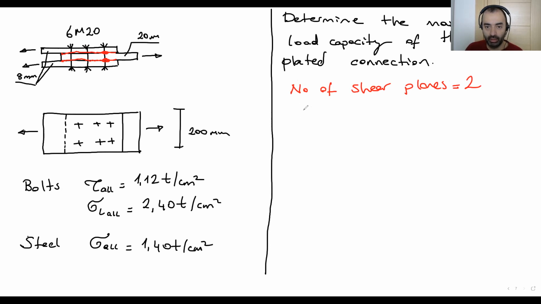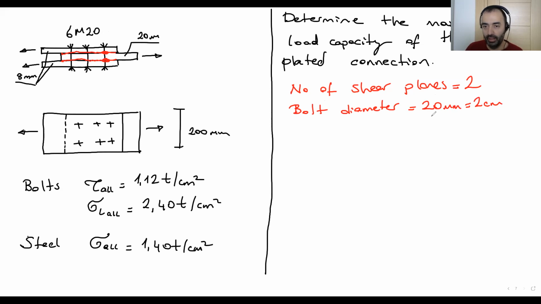Bolt. What is the bolt diameter? We have M20. M20 means we have a diameter of 20 millimeter, which is 2 centimeters.